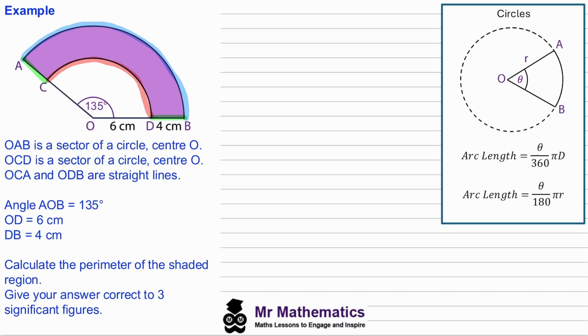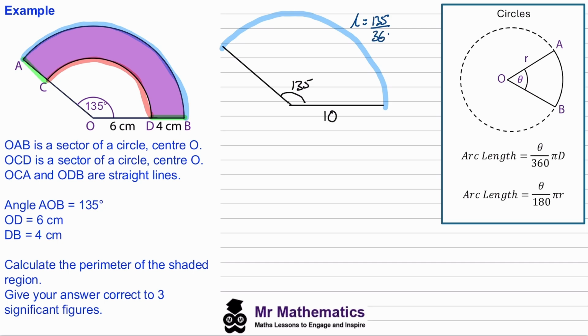So if we begin with this arc length, we know the angle is 135, and the radius would be the 6 plus the 4, so the radius will be 10. And then the arc length would be the angle 135 over the 360 multiplied by pi times the diameter.